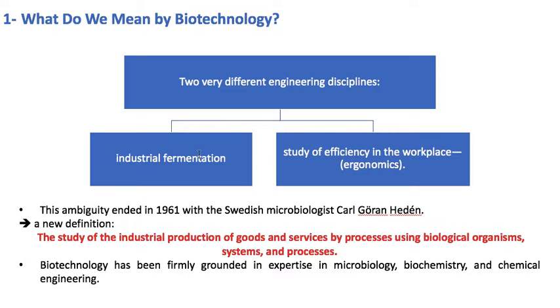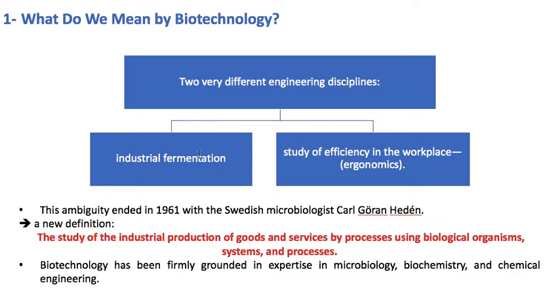This is the last, adopted definition: the study of the industrial production of goods and services by processes using biological organisms, systems and processes. If we look at each term in this definition and go back to the previous slide, we see that it is based on each definition given before, but combines them all, so that we have services and goods, meaning products, by a process using a biological organism, a living one, a biological system, cells, bacteria, etc., and processes and protocols.